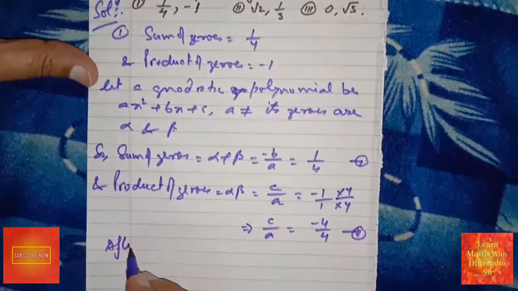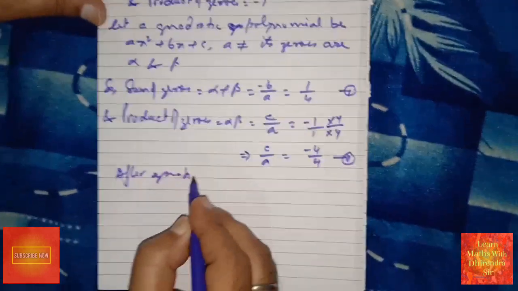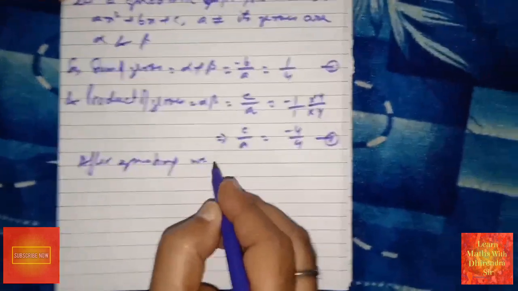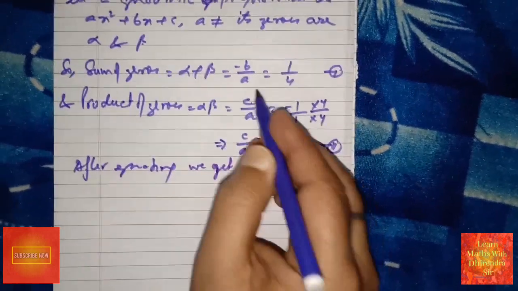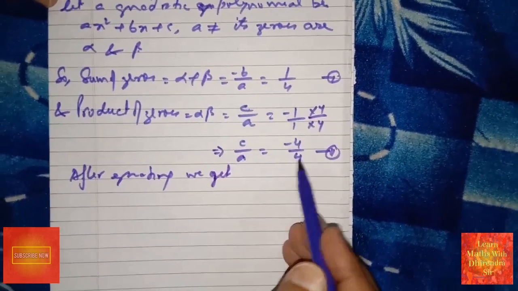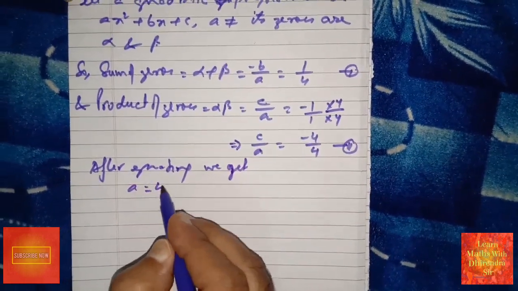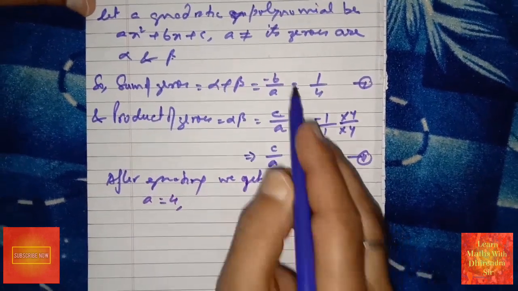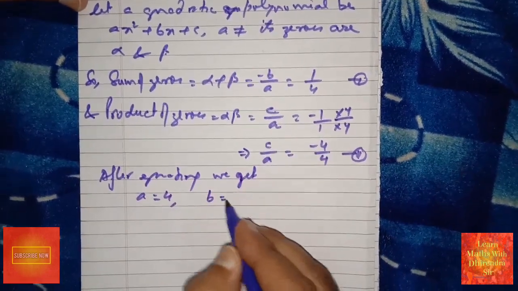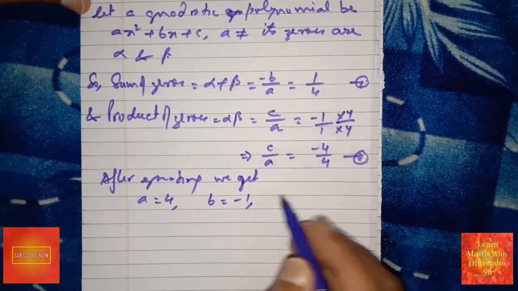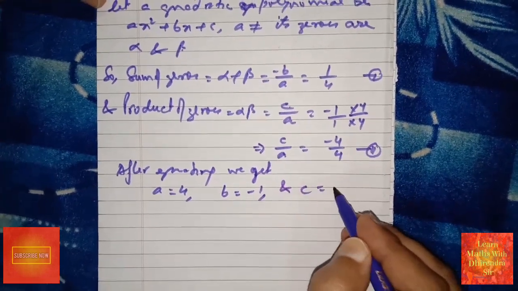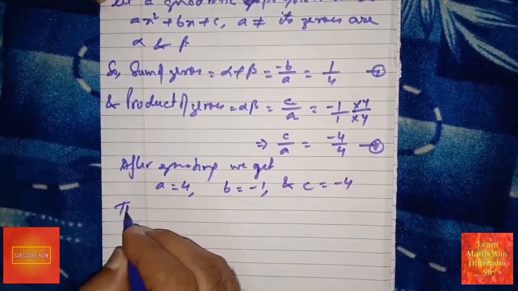After equating we get what is the a is equal to 4 and a is equal to 4. A equal to 4, that is the coefficient of x² and b equal to -1 and c equal to -4.